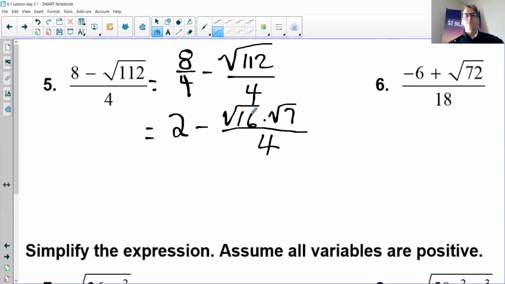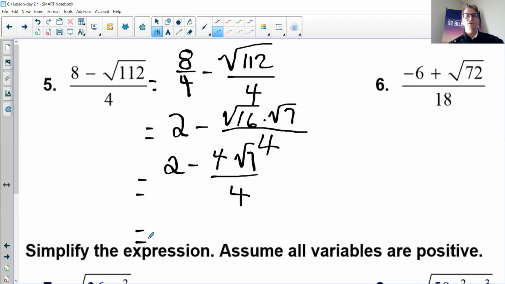So we're looking for that perfect square again. If we can get that perfect square of 16, that works out great. So we're simplifying using our perfect squares in this section. Square root of 16 is 4, times the square root of 7, all over 4.